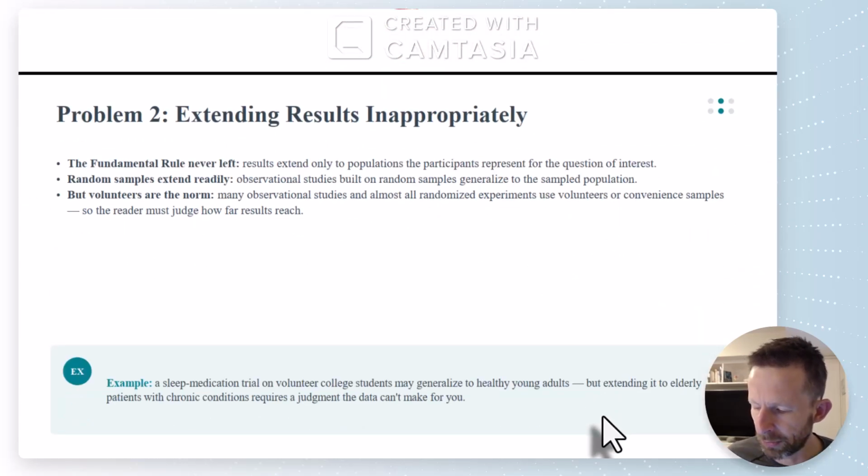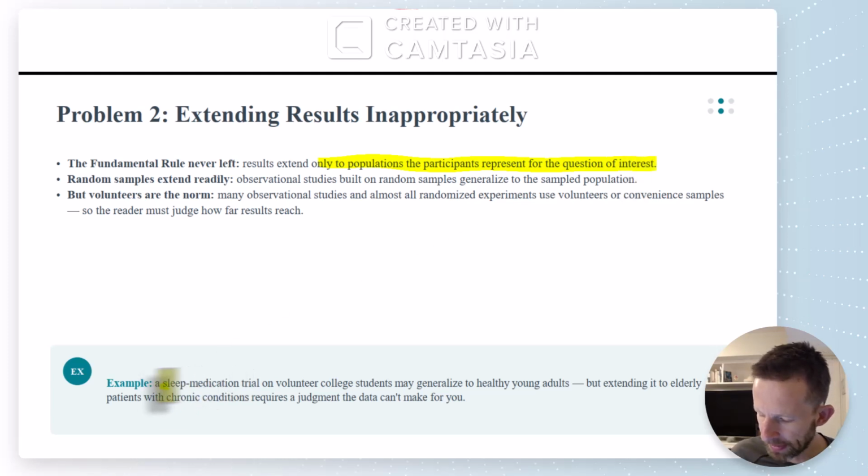Problem number 2, extending results inappropriately. Results only extend to the population that the participants represent. Random samples extend readily. Observational studies built on random samples generalize to the sampling population. For example, a sleep medication trial on volunteer college students may generalize to healthy young adults, but extending it to elderly patients with chronic conditions requires judgment that the data won't let you make.